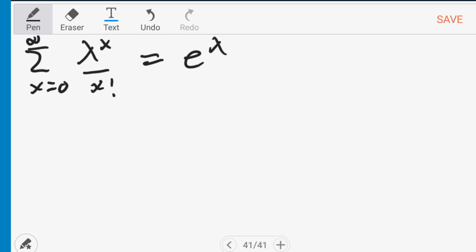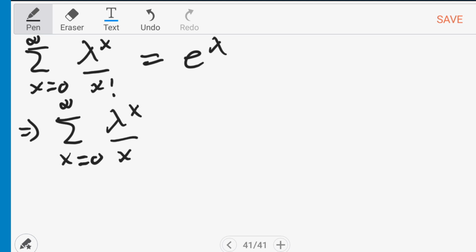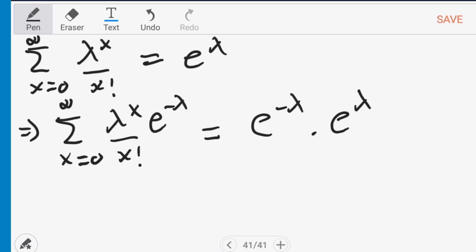So it implies that summing from 0 to infinity e to the power minus lambda times lambda to the power x over x factorial should give us e to the power negative lambda times e to the power lambda.